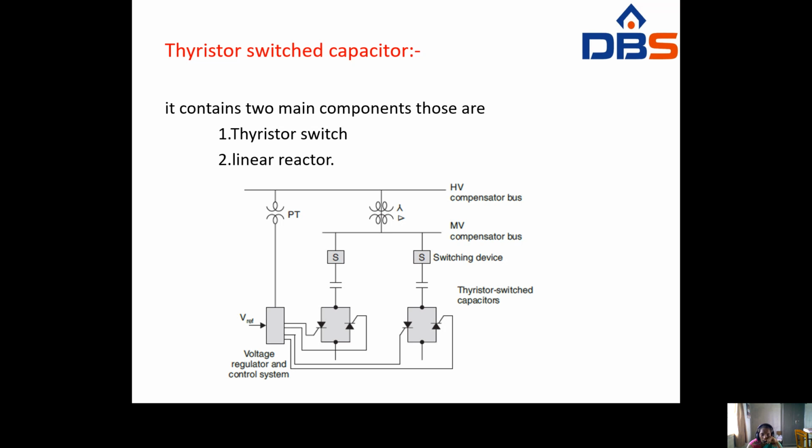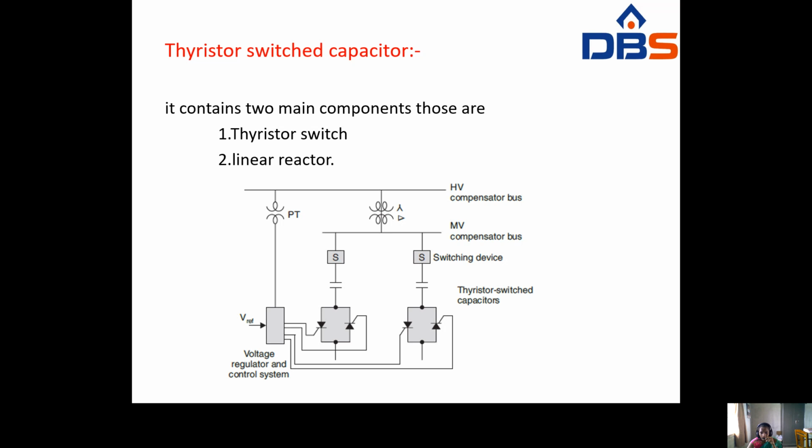The power transformer, a delta-star transformer, will be connected to the MV compensation bus bar. This compensation bus bar will be divided into switching devices, and the switching devices will be connected to the TSC. So this is the circuit diagram of TSC.